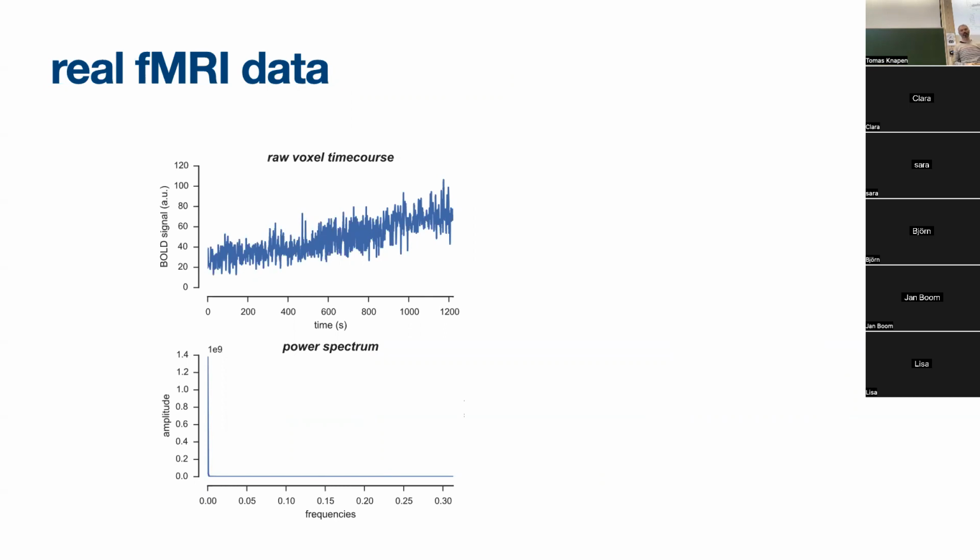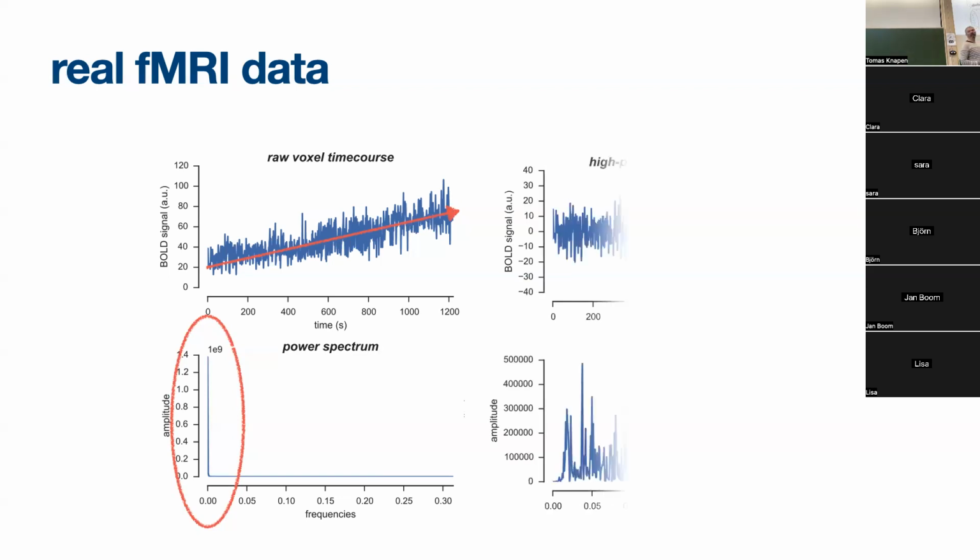Simple, right? In principle. That slow drift is represented by this spike here, at that peak there. So one thing that we can do is go to what we call the Fourier domain and perform filtering such that we delete the power at these frequencies.